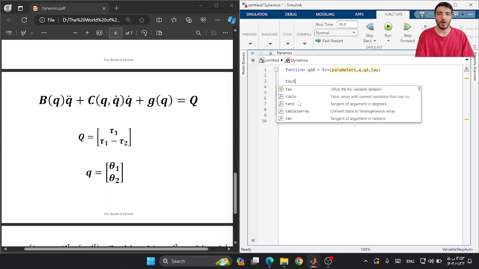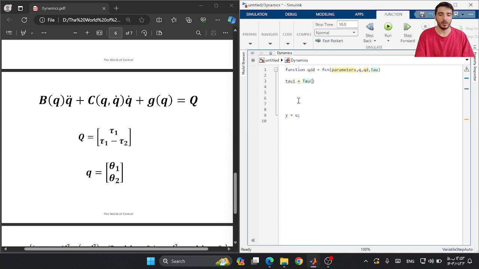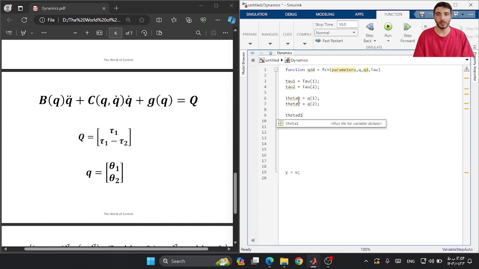We can see that tau 1 is tau 1 and tau 2 is tau 2, and theta 1 is Q1 and theta 2 is Q2, and also theta dot 1 is Q dot 1 and theta dot 2 is Q dot 2.